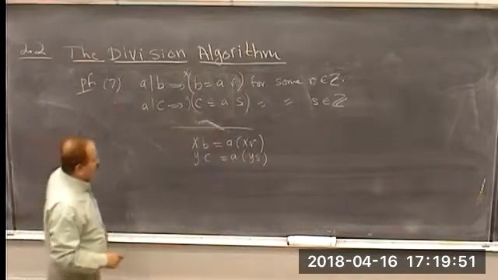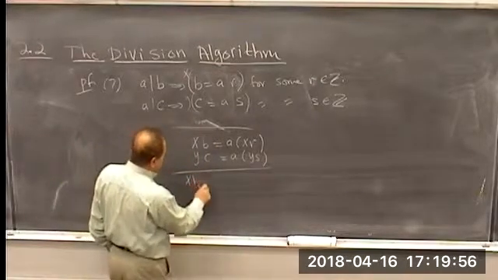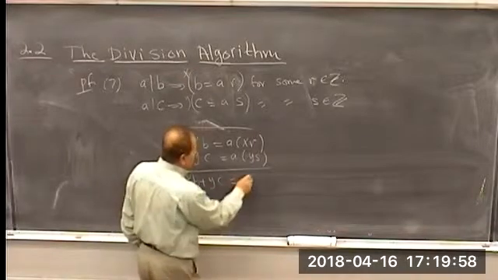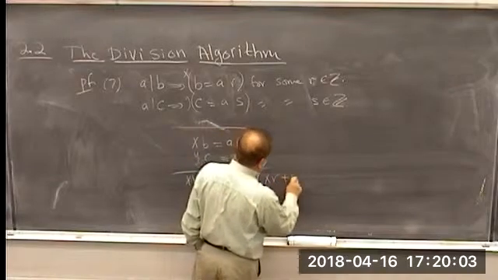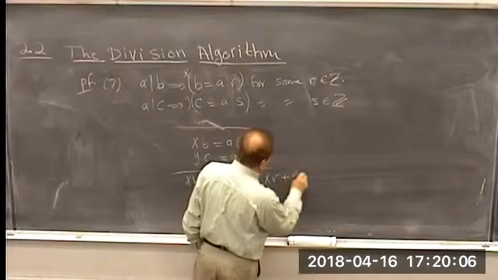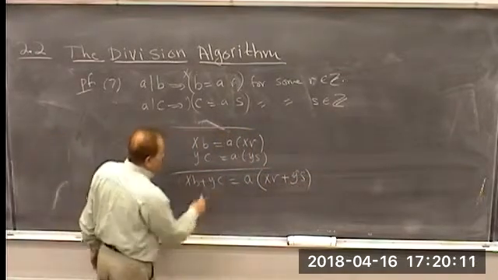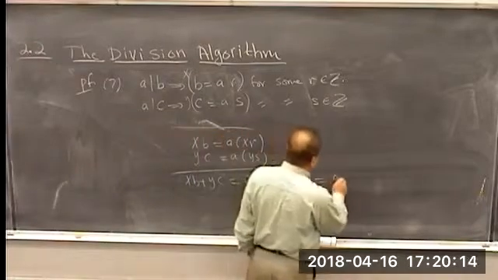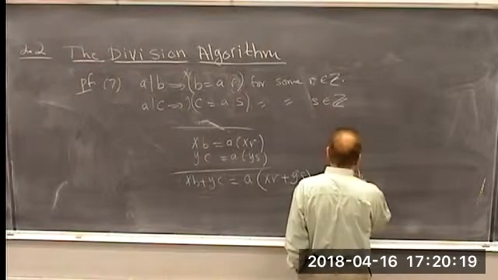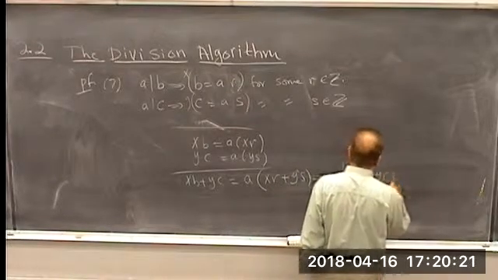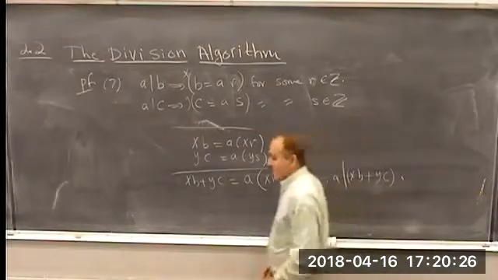And now I can add these two equations together. This is equal to A times a common factor, XR plus YS. So we are expressing this as a multiple of A, and this means that A divides XB plus YC, for any X and Y.